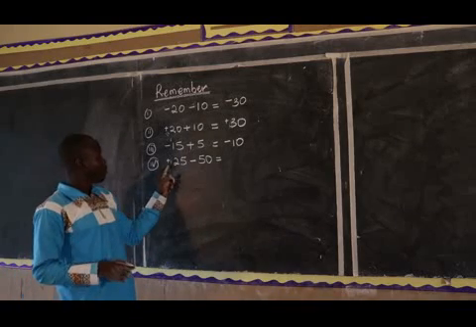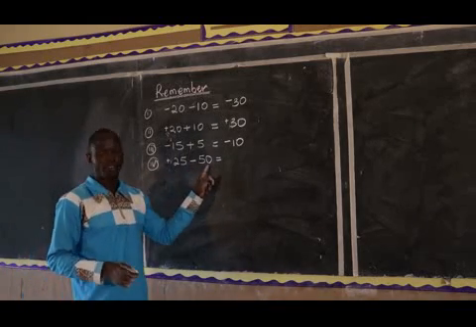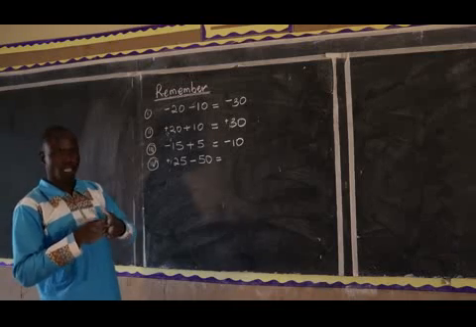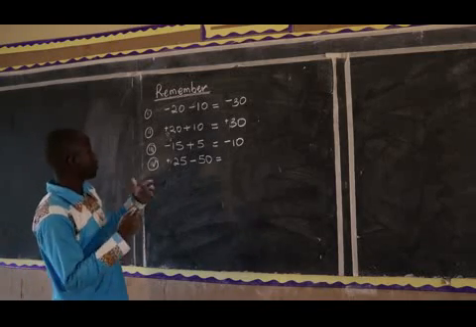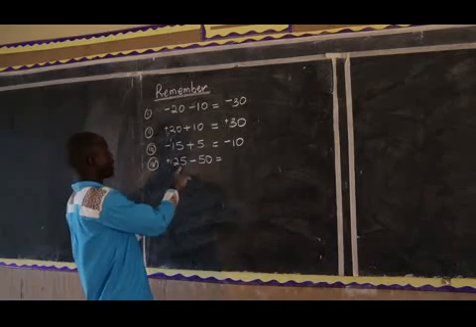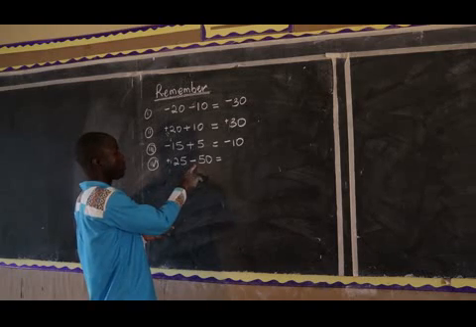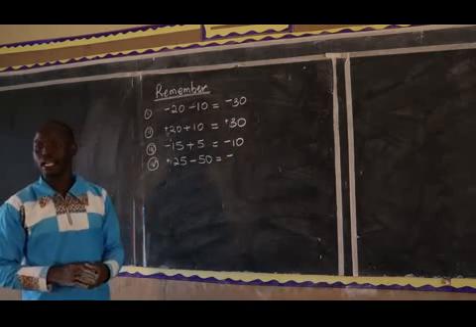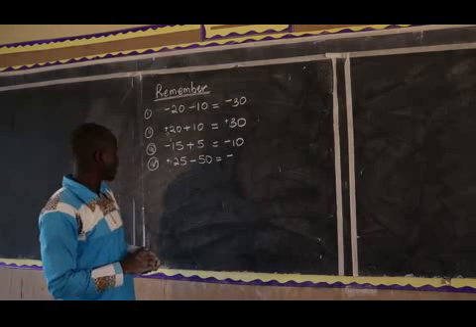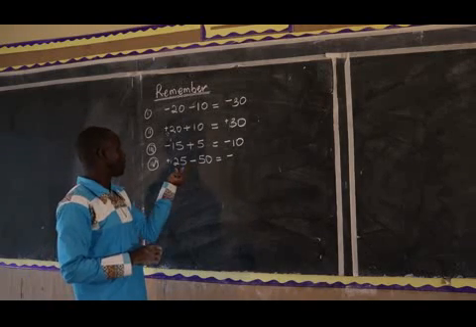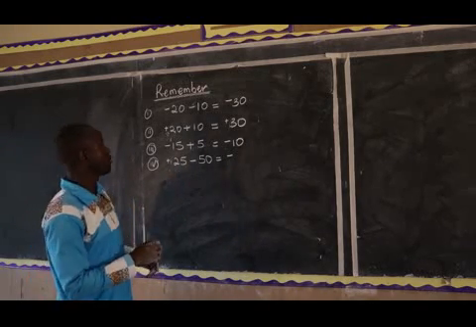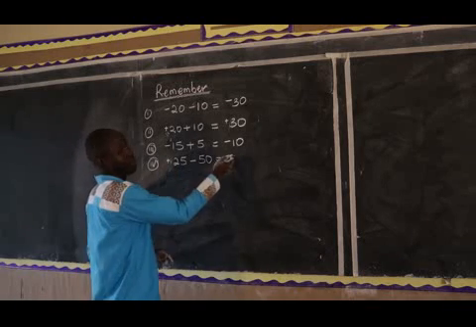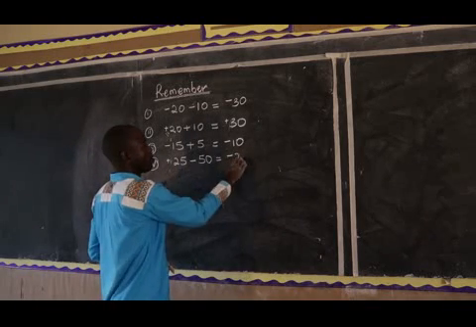When you come here, positive 25 and then negative 50. Which sign is on the bigger number in this case? Still you can see 50 is bigger than 25 and the sign on the bigger number is a negative. So we shall write a negative and then get the bigger number minus the small one, which is 50 minus 25, and that gives you 25.